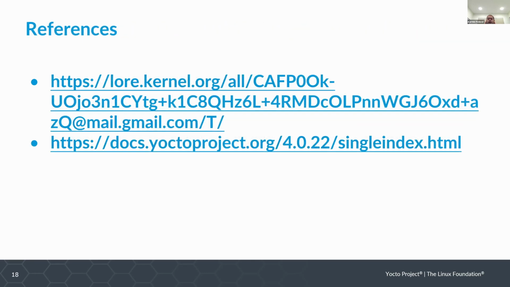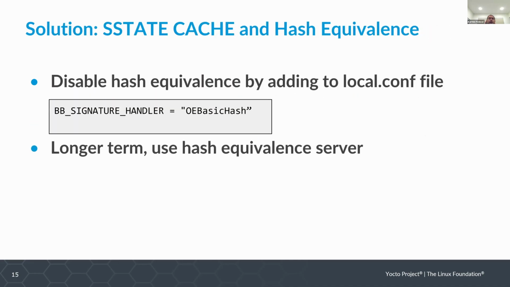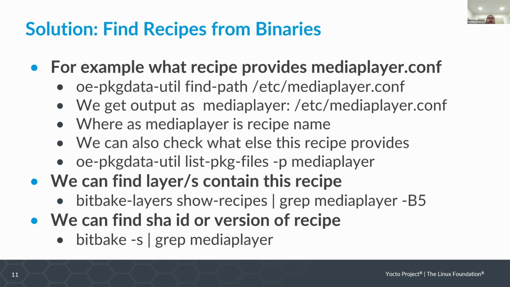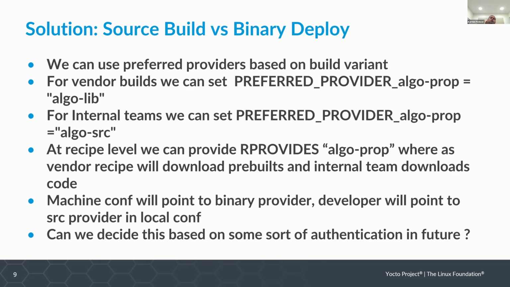I think that is all we had. I wanted to also go back to one of the slides that Kamal spoke about, and this is something we are again looking at the community for. In the case of source build versus binary deploy, at least our specific problem is that there are certain users who can look at the source, whereas the others are supposed to only see the library, because they are outside of the company and they are vendors that we are working with.